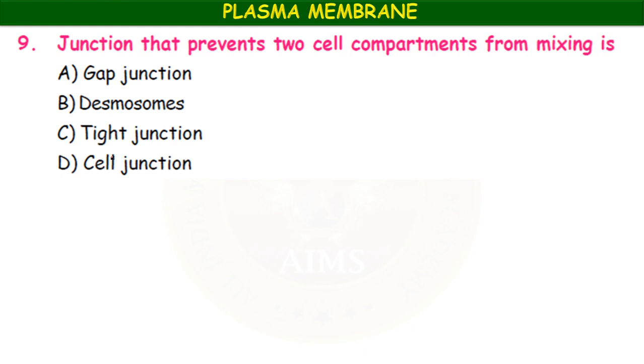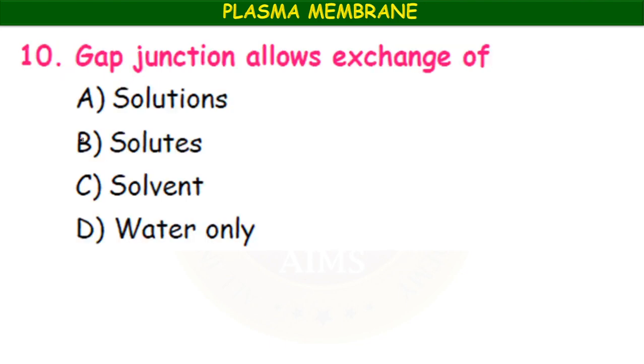The junction that prevents two cells or two cell compartments from mixing is gap junction, desmosomes, tight junction, cell junction. It is the tight junction which prevents the two cell compartments from mixing.